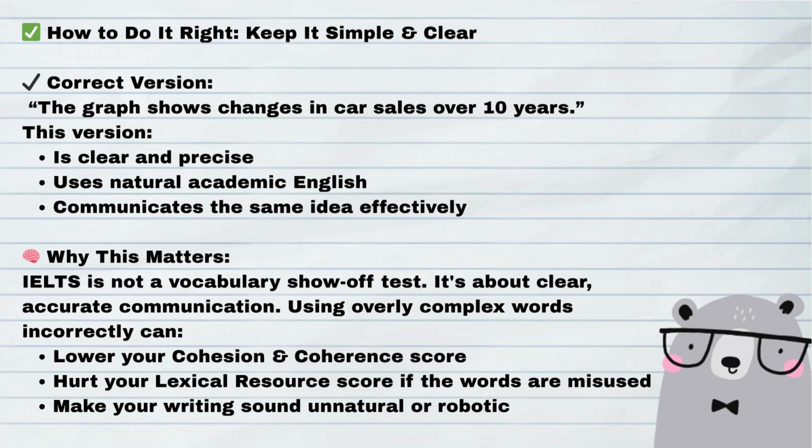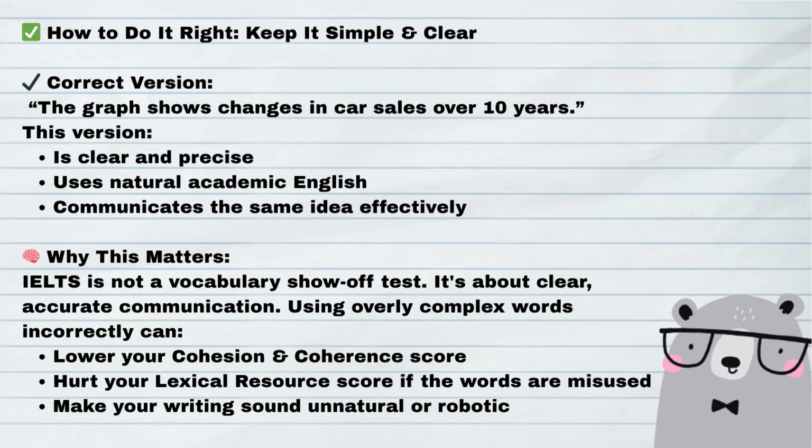So why does this matter? Because IELTS is not a vocabulary show-off test. It is about clear, accurate communication, not an overload of complex words. Instead of using high-profile vocabulary, use simple words. Don't repeat over and over, but use different words, and ask yourself whether they fit the sentence when you implement them in your answer.